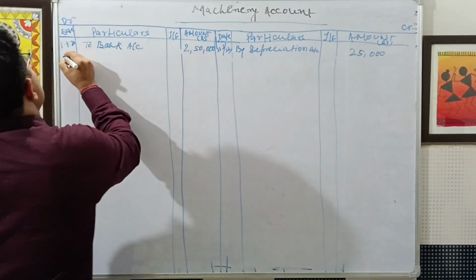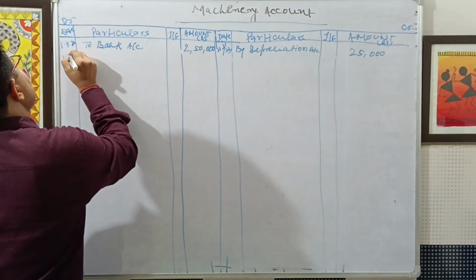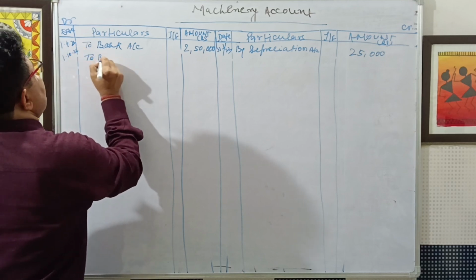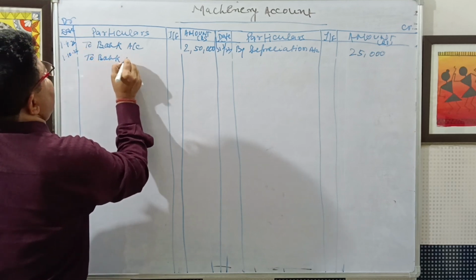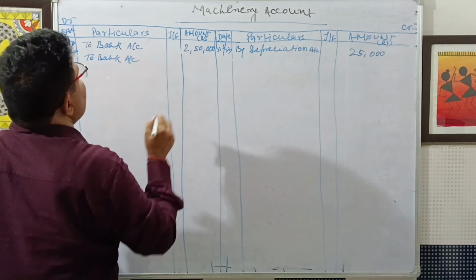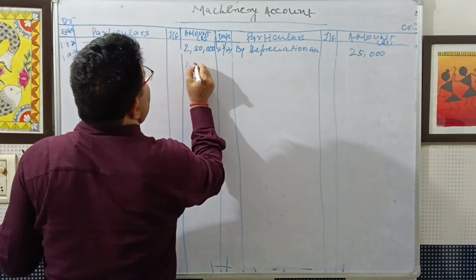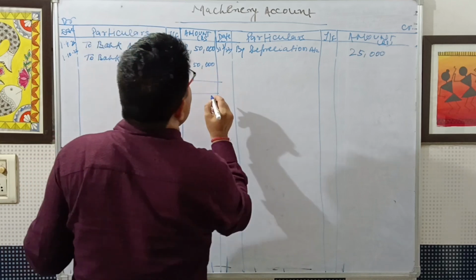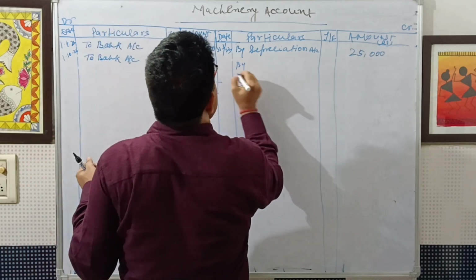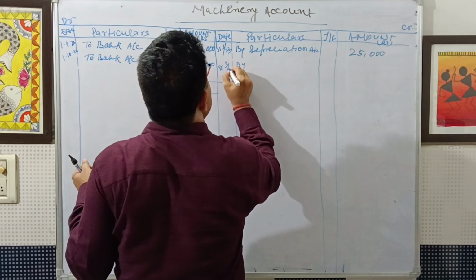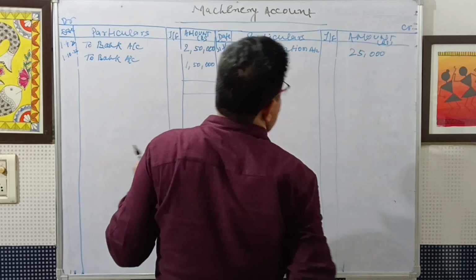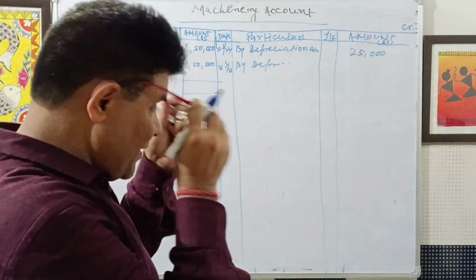And another machine was purchased on 1st October 2022, so to bank account 1,50,000, by depreciation 31st March 23, 7,500.